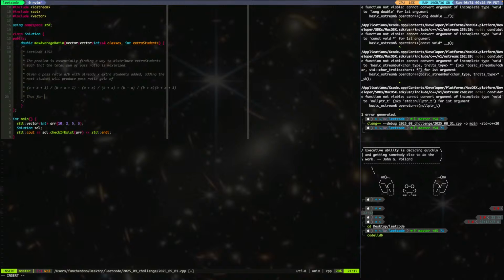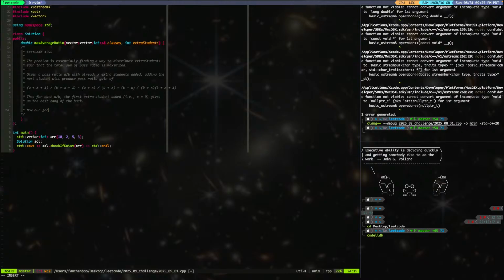Thus, for each A over B, the first extra student added, that is X equals 0, gives us the best bang for the buck.